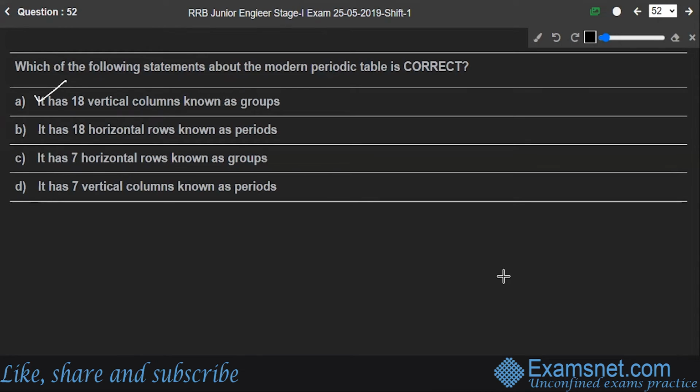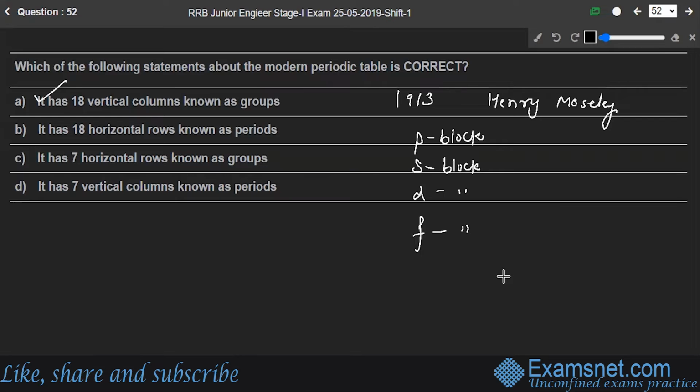Modern periodic table, 1913, Henry Moseley had given the modern periodic table. This table is classified into patterns like P block, S block, D, and F block.